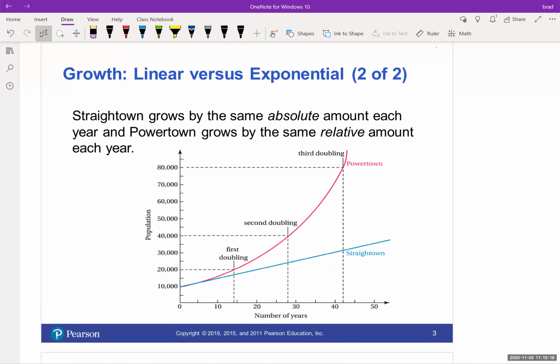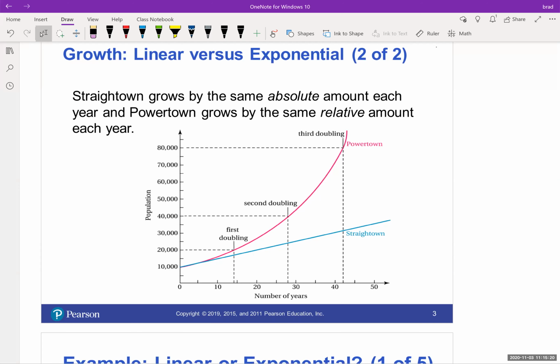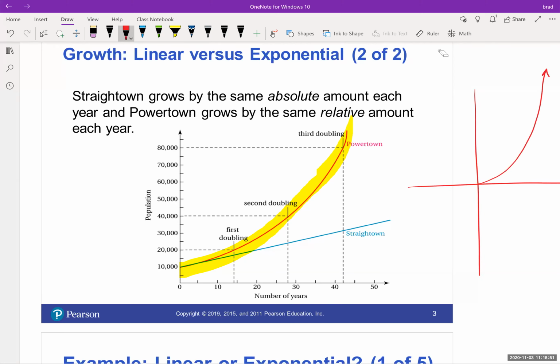And here's just a little graph. Straight town grows by the same absolute amount each year, and Power town grows by the same relative amount each year. So this is one where they're showing that a town could grow linearly, and another town could grow exponentially. And as you can see, this exponential graph right here is very obvious. Whenever you hear the idea of exponential, you should always be thinking of something that grows very rapidly.